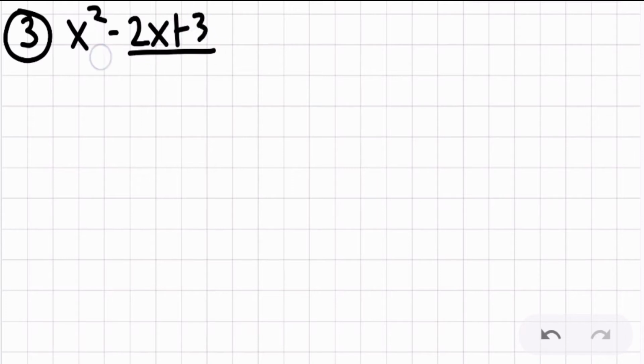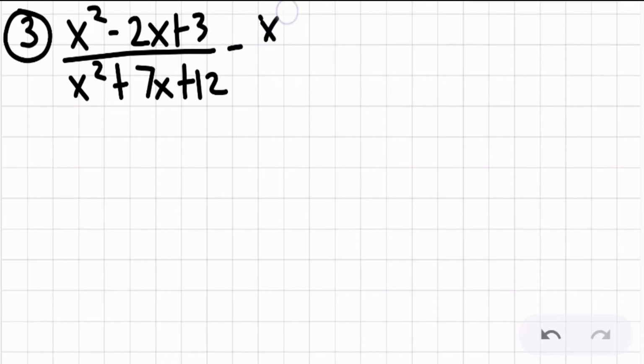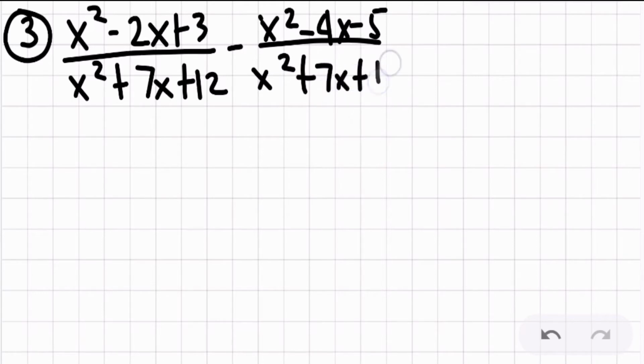Okay, this time for our third example, let's do it in subtraction. So we have x squared minus 2x plus 3 over x squared plus 7x plus 12 minus x squared minus 4x minus 5 over x squared plus 7x plus 12.